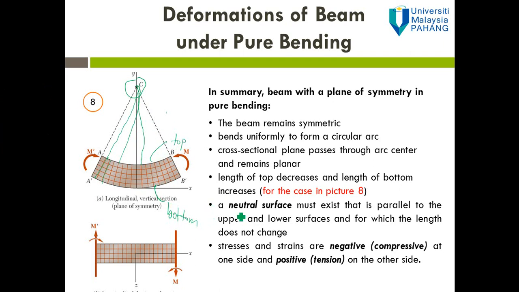This is what I already explained in the previous slide. Stress and strain are negative for compressive stress on one side, and positive, which is tension, on the other side.